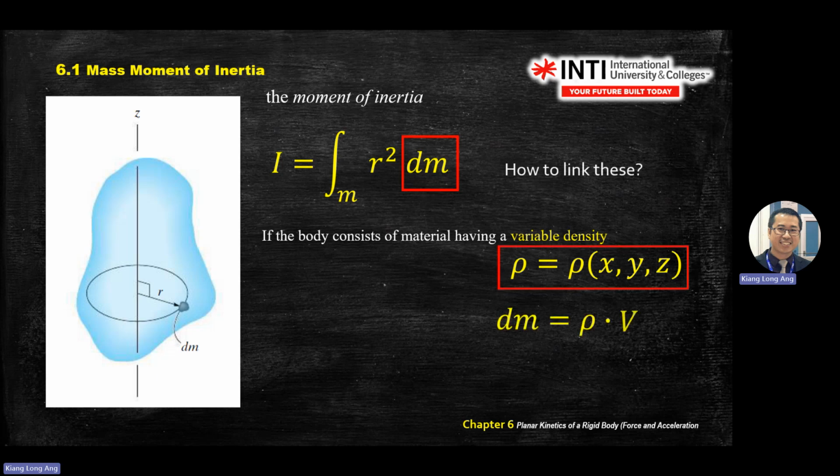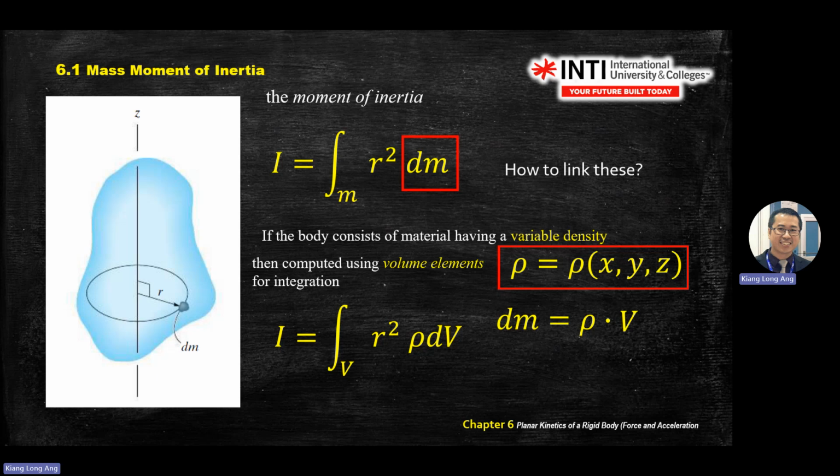So we try to link the M, we split into density and volume. Okay. So you know that density doesn't change, it's a constant value. So we cannot change the rho, but we can change volume.